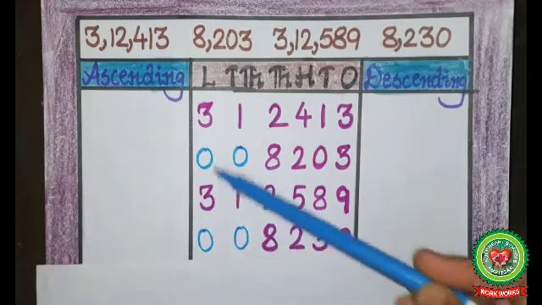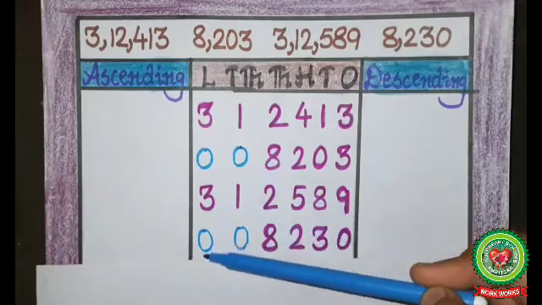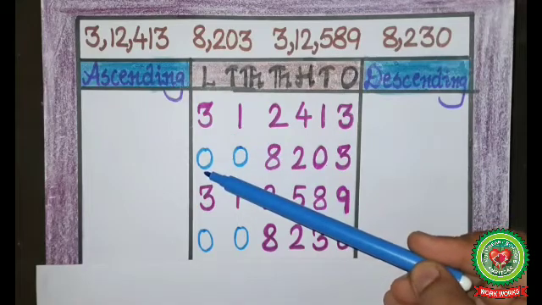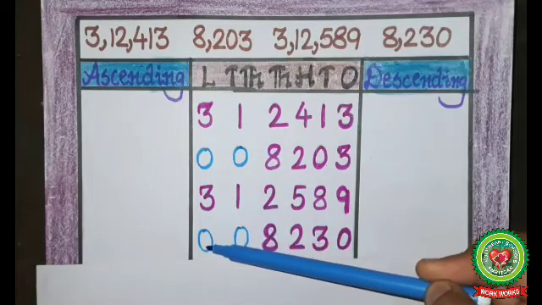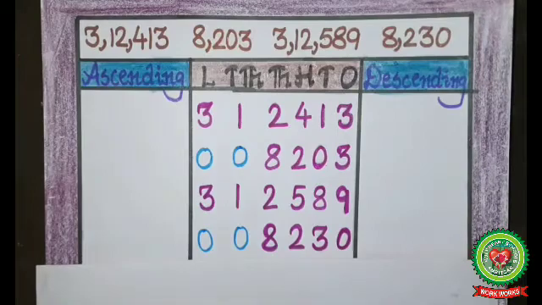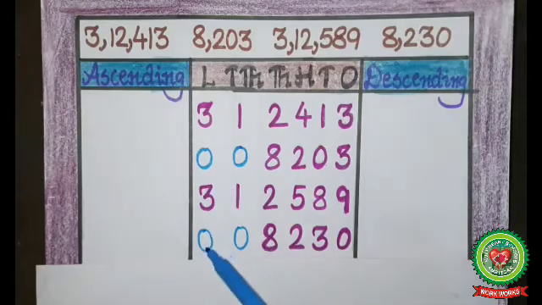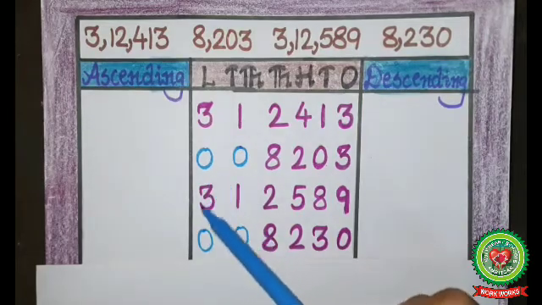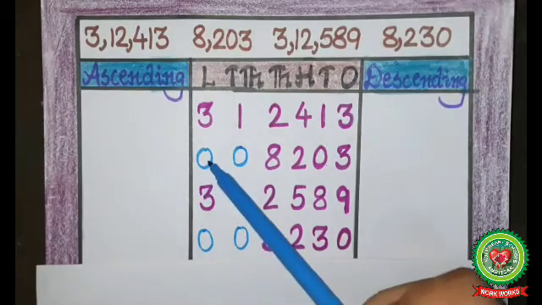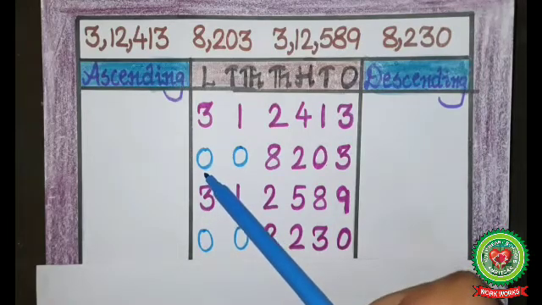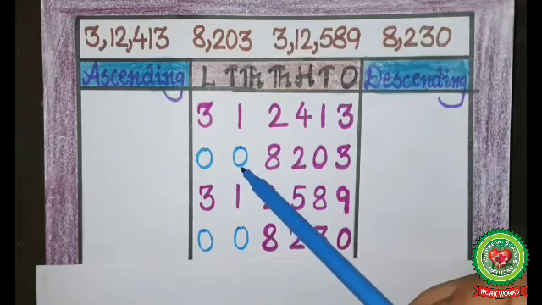Now let's compare the first digit of every number. 3, 0, 3, 0. Which number is smallest? Yes, 0. But 0 is in two numbers, so we can't compare lakhs place. So what we will do? We will move to the 10,000 place.